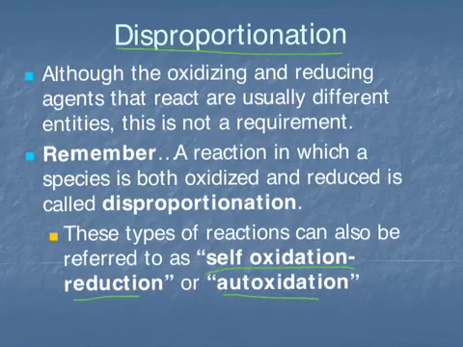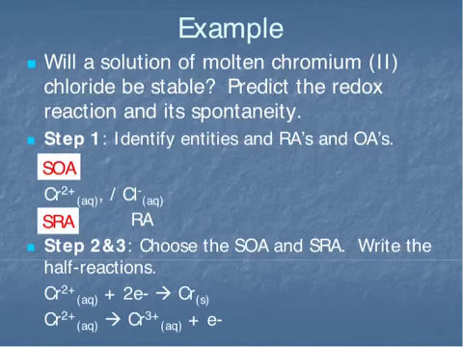When you're looking at a table of reduction half reactions, anything that can disproportionate will be listed as both the strongest reduction agent and the strongest oxidizing agent. So our example here is to determine if a solution of molten chromium 2 chloride would be stable. Here the word molten means this compound, chromium 2 chloride, is in a liquid form. It's so hot that it's in a liquid form. There's no actual water in the solution here.